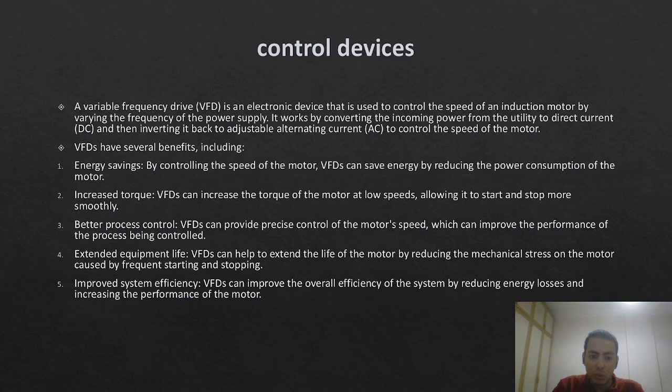Better process control. A VFD can provide precise control of the motor speed, which can improve the performance of the process being controlled in industry. Extended equipment life. VFDs can help to extend the life of the motor by reducing the mechanical stress on the motor caused by frequent starting and stopping.